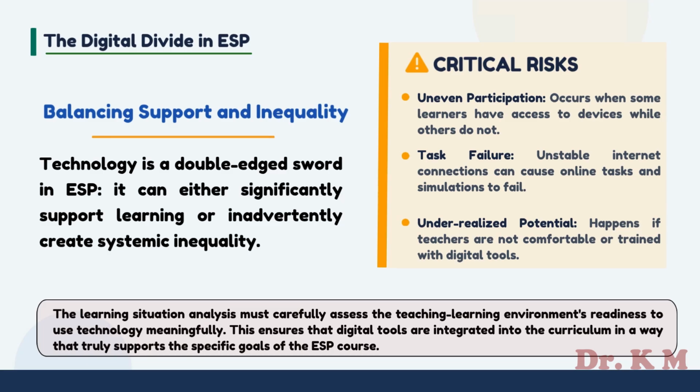If some learners have devices and others do not, participation becomes uneven. If the internet connection is unstable, online tasks may fail. If teachers are not comfortable with digital tools, the course may not reach its full potential. Therefore, the learning situation must carefully assess the teaching-learning environment readiness to use technology meaningfully, rather than relying on it as a substitute for sound pedagogy.